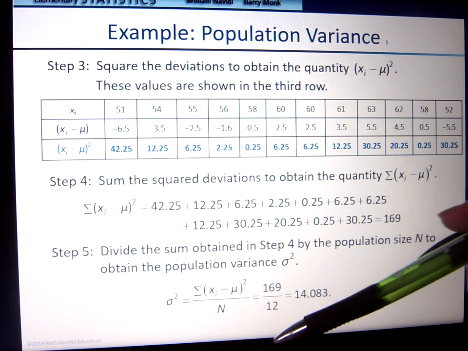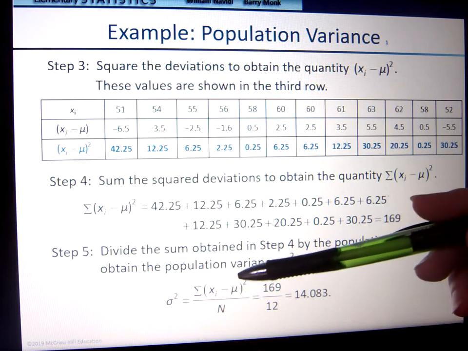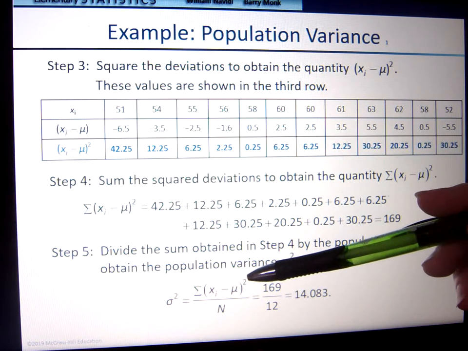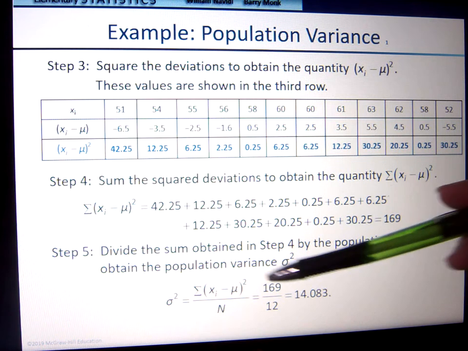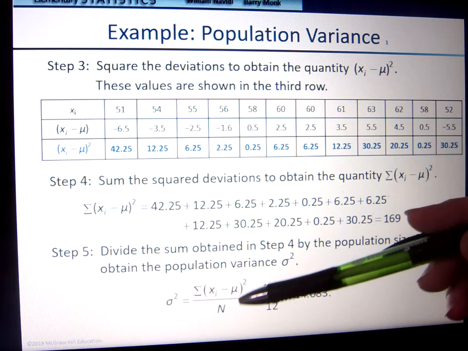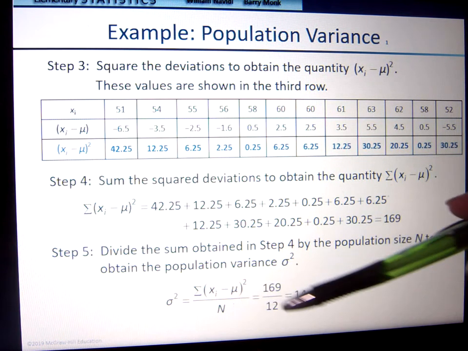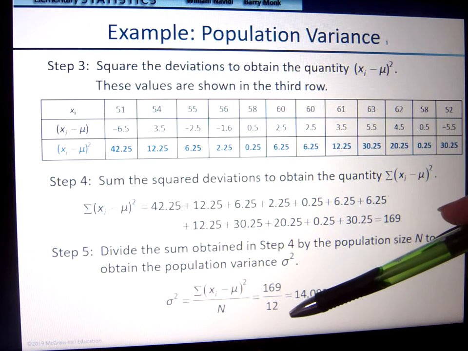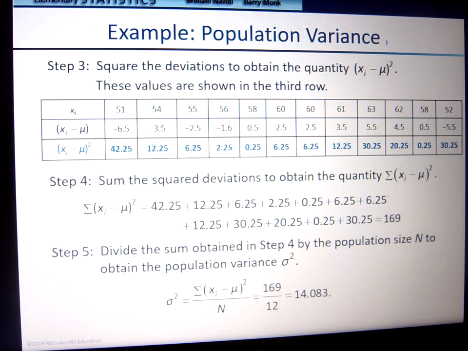We take each piece of data, subtract it from the mean, then square it, then add them all together. We get 169, and then divide by how many pieces of data we have in our entire population, which is 12.